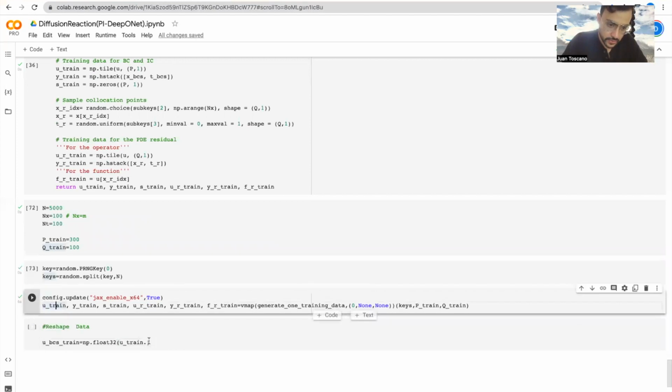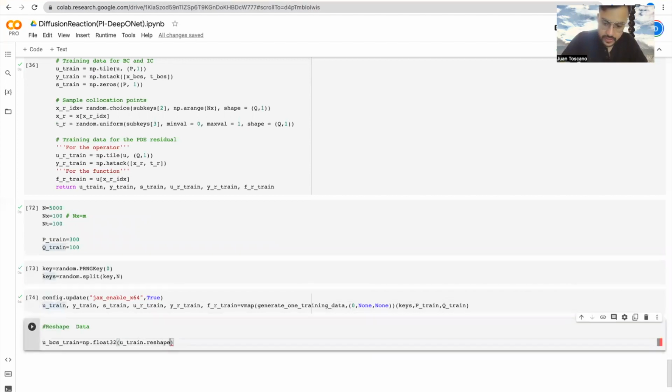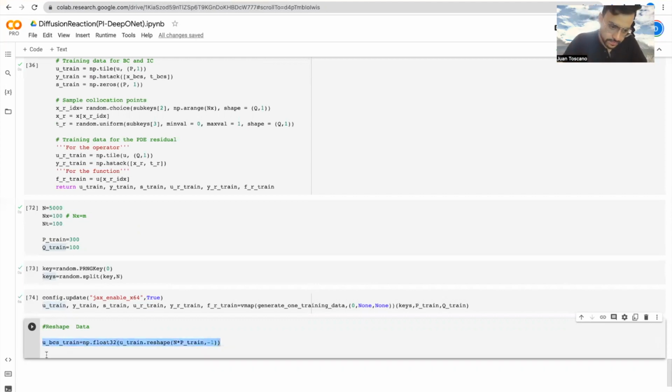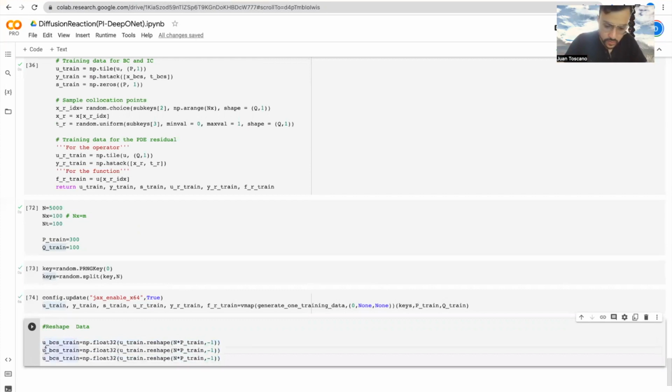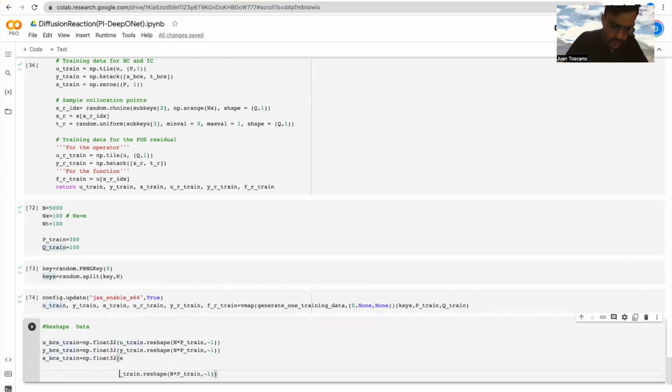Reshape. And what's the final shape? We want the number of functions times the number of output sensors, which would be train. And this -1 is in order to make the dimensions consistent. We will do the same for everything else. So in this case it would be y and s. Remember, s is the solution of the partial differential equation.